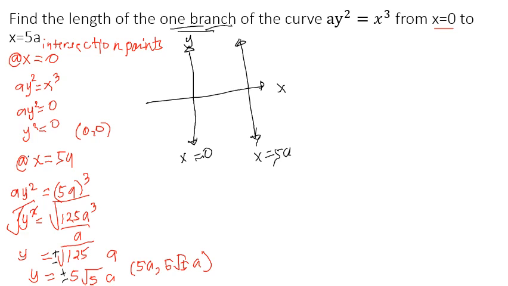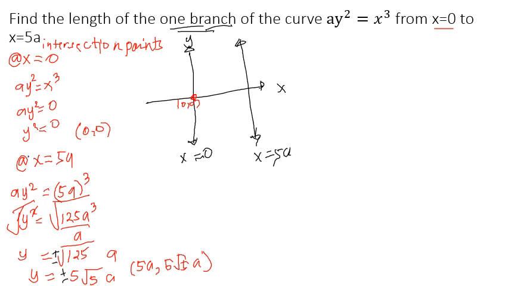So, take the first quadrant. We will have 0, 0 here. And then, let's say we have 5a, then 5 square root of 5a. So, this is 0, 0. It's around 11.2.